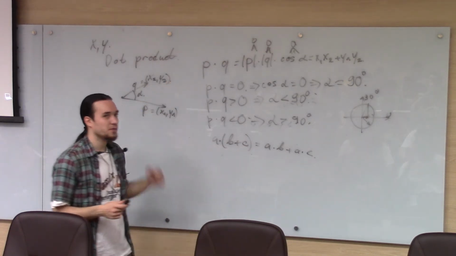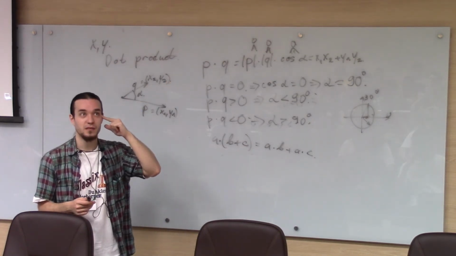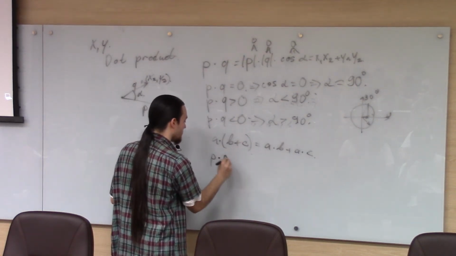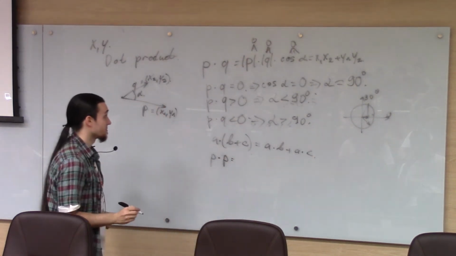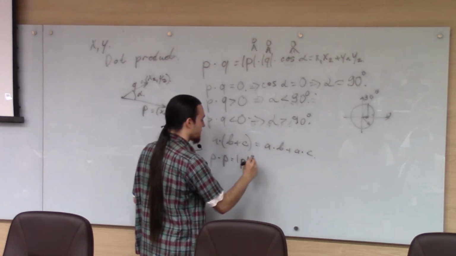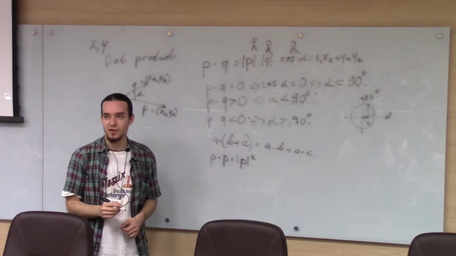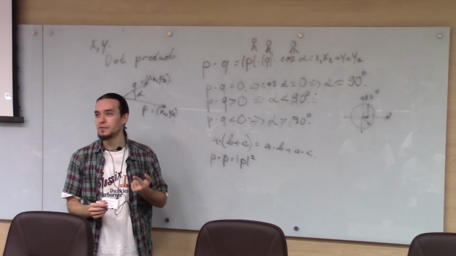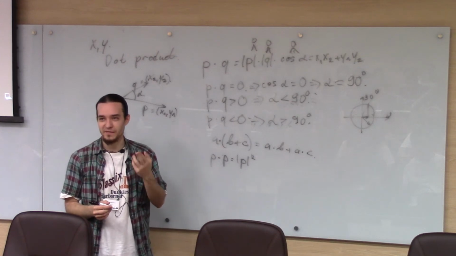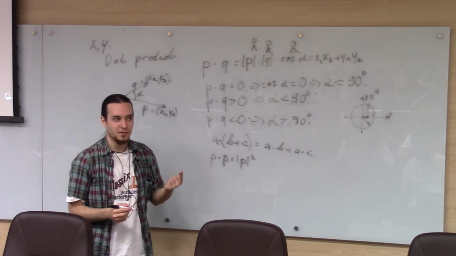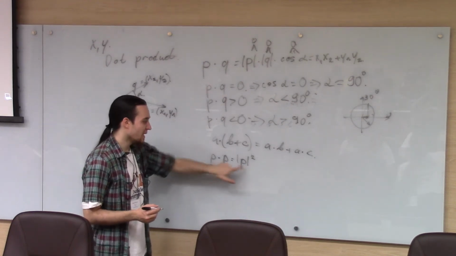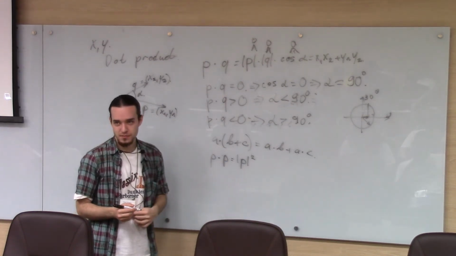So if we want to know the length of the vector P, then let's see what P dot P is equal to. And, well, obviously we have the square of the length. And also we have the cosine of an angle which is actually 0, because the 0 angle is the angle between a vector and itself. All right. So the cosine of the 0 angle is 1. So we have just this equation.